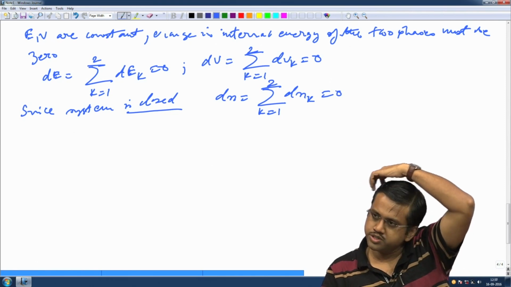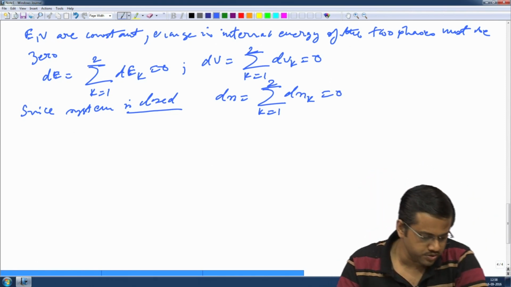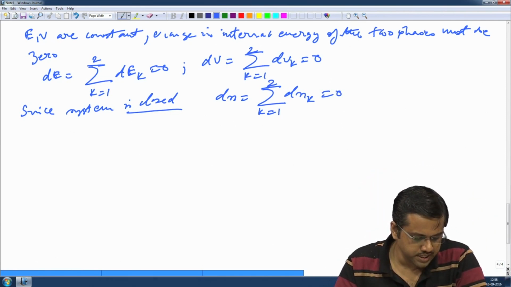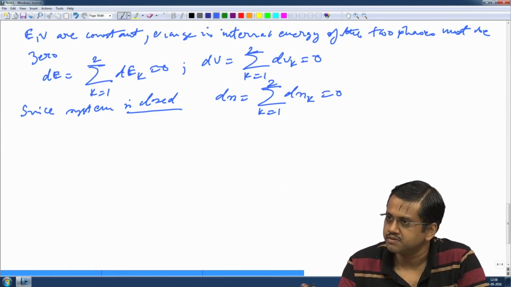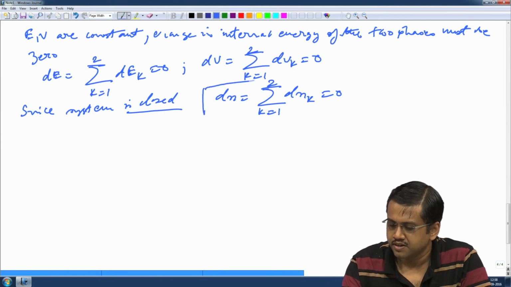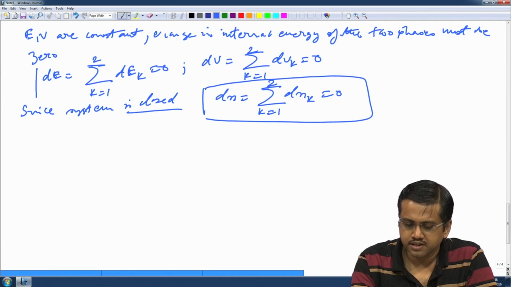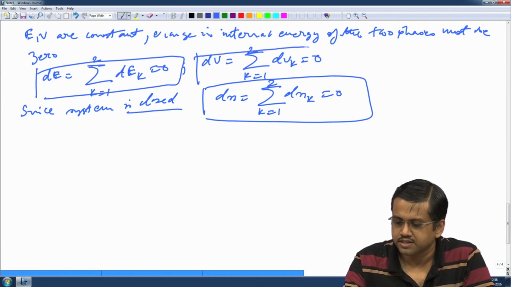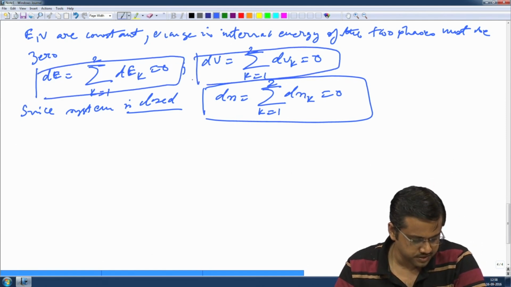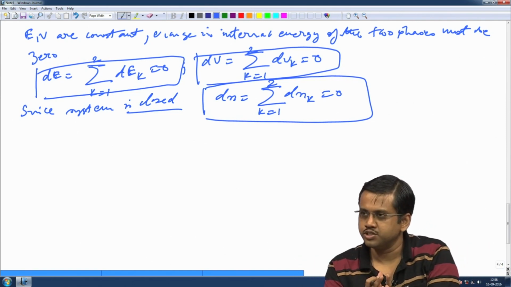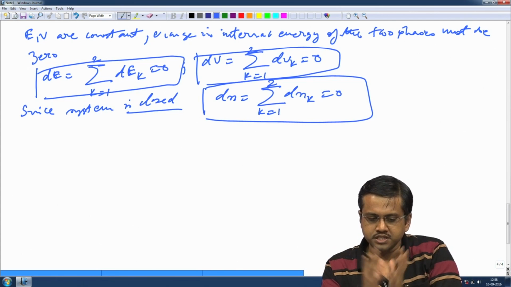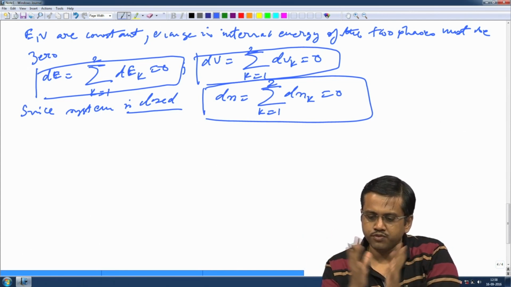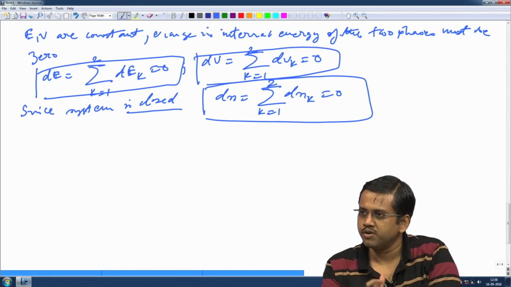That is the number of moles in each of the phases; there is no change in the total moles resulting from the two phase changes. So, these are the three statements that you get, and the last one I wrote on the previous page. If you combine all of these, the change in entropy is equal to 0, the change of internal energy is equal to 0, the change of volume is equal to 0, and the change of total number of moles is equal to 0.